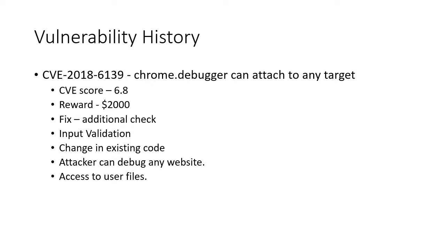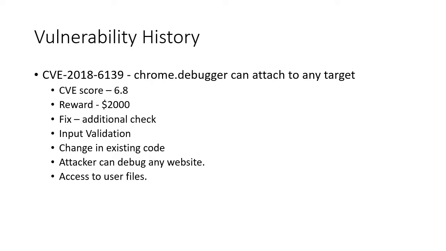So in this particular scenario, the attacker can change the settings of the user, and he can do this just by enabling the file access flag in the extensions. To fix this bug, the developers added an extra check to the render frame DevTools agent host.cc file.